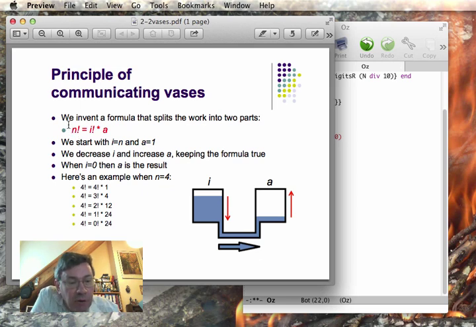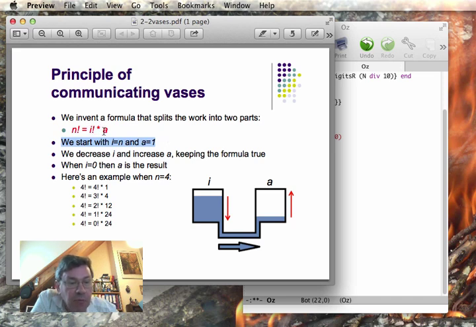So the approach is as follows. We start by inventing a formula that splits the work we have to do to calculate the factorial into two parts. So here we have n factorial equal i factorial times a. So n factorial is the number we want to calculate. i and a are two new variables we introduce. And when we start the calculation, we don't know anything yet. We start with i equal to n and a equal to 1.